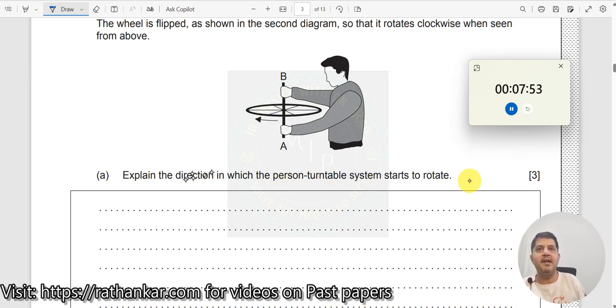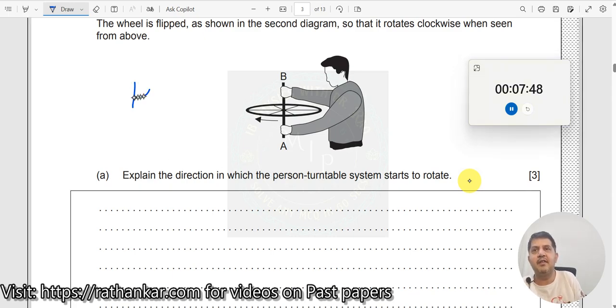Now what is happening here is that when you have something rotating about an axis, let us say it is rotating anti-clockwise as you see from here. When I see it from the top, it rotates clockwise, I'm sorry. So when I look like this, I see my finger is pointing downwards, using my right hand.